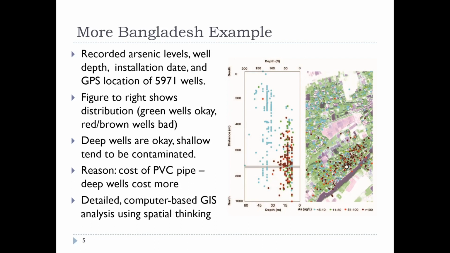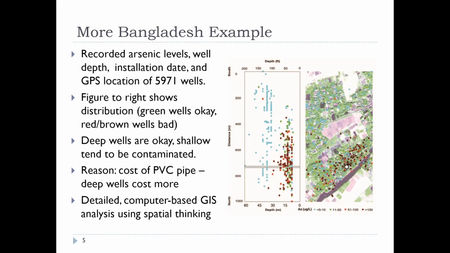Okay, so this kind of detailed computer-based geographic information system or computerized mapping system obviously uses spatial thinking as part of the analysis to see what was going on and to identify the places where the wells were contaminated, and then hopefully close those wells down so that people weren't being poisoned with arsenic.